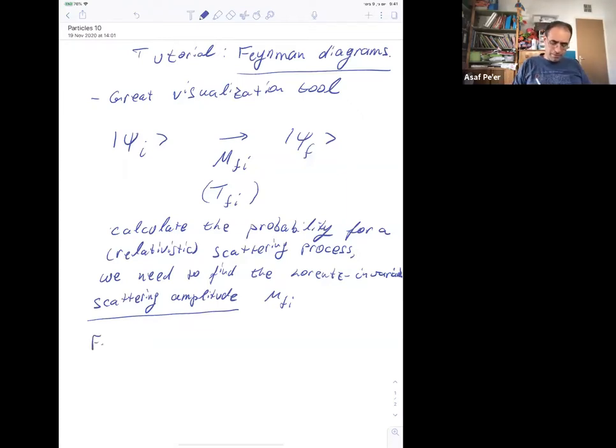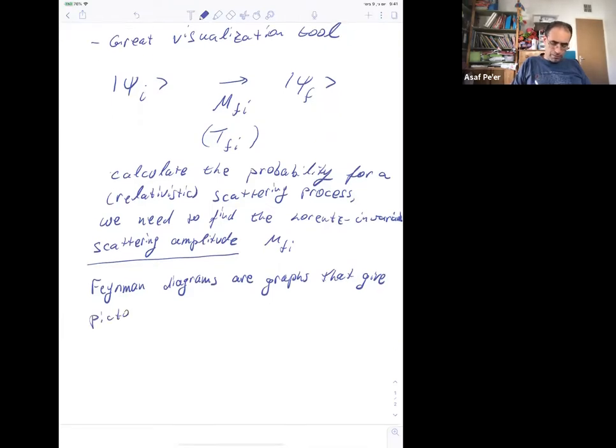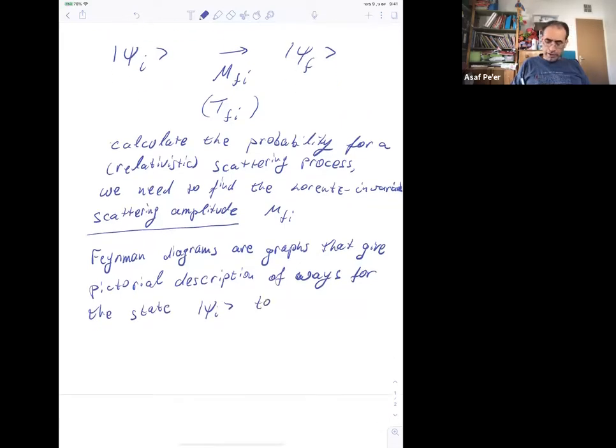So Feynman diagrams are graphs that give a pictorial description of ways for the state psi I to propagate into state psi f, right?